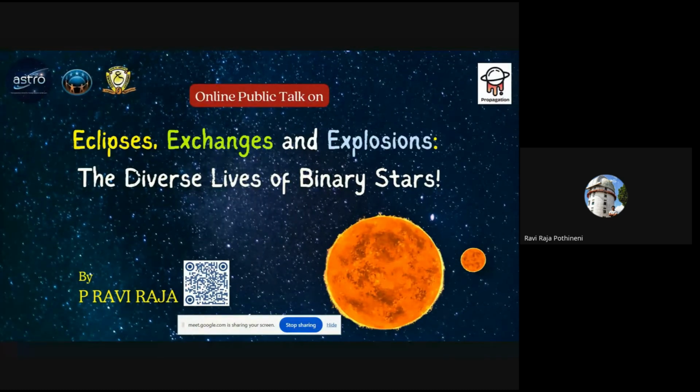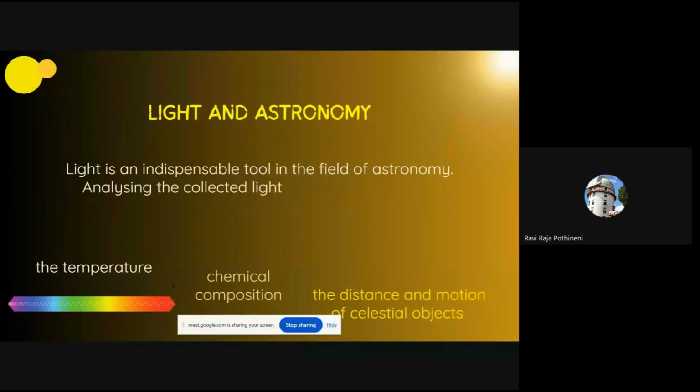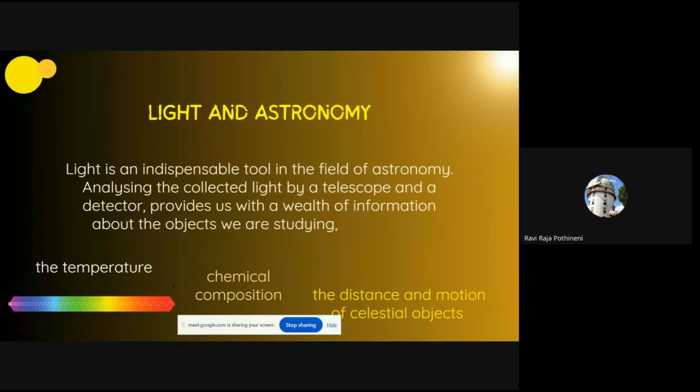Before jumping into binary stars directly, I just want to introduce you to light and astronomy. Why is light so important for astronomers? If you speak about astronomy, light is a very key component for us. Whatever light we receive from different celestial objects, we try to understand that object through light.